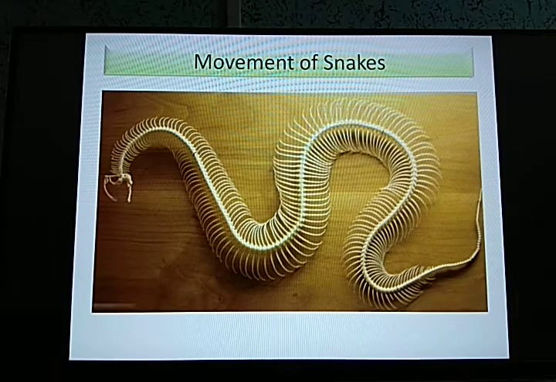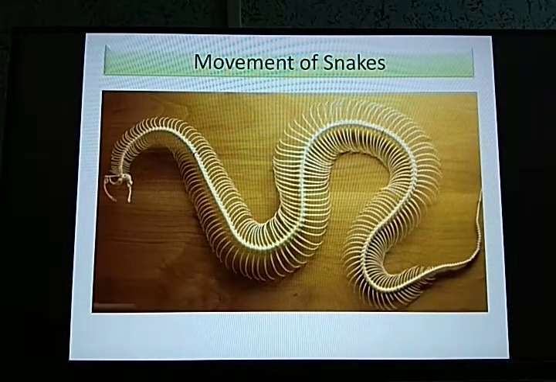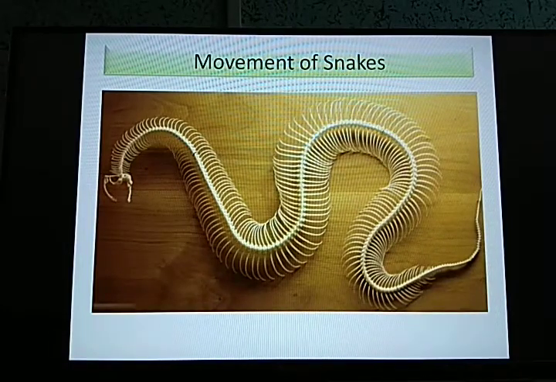Now, as you can see, here there are many small bones that are connected to the main backbone. And this helps in providing complete control over the bodily movement of the snake. Since the muscles are interconnected with the bones and the bones are interconnected to the backbone, this helps in a proper motion of the snake.